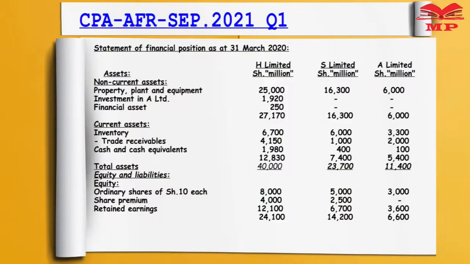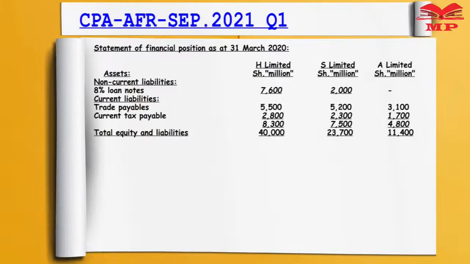Statement of financial position as of 31st March 2020, we have assets: non-current assets, property, plant and equipment, investment in A, financial asset. Current assets: inventory, trade receivables, cash and cash equivalents. Equity and liabilities. Under equity, we have ordinary shares of 10 shillings each, share premium, retained earnings. Non-current liabilities, we have 8% loan notes. Current liabilities: trade payables and current tax payable.